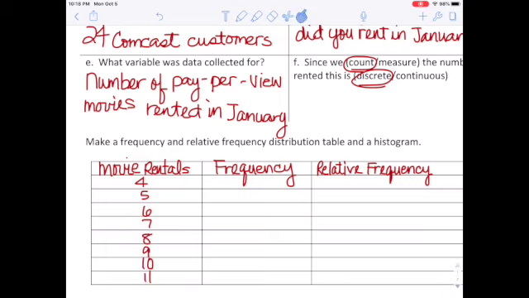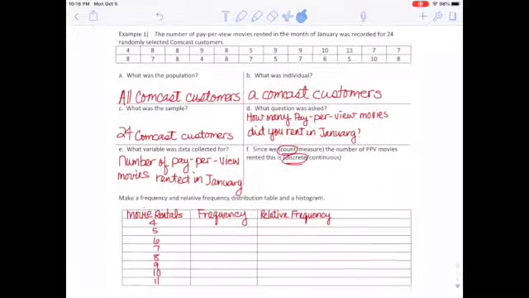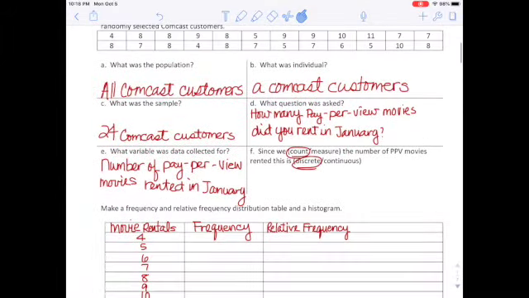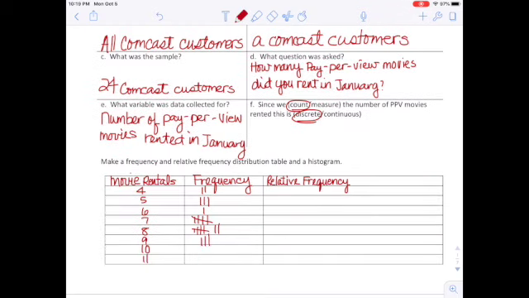Perfect. If you scroll up and down or make the screen a little smaller, you can see there are 2 4s, 3 5s, 1 6, 5 7s, and 8, 9 you'll have 3, 10 you should have 2, and 1 for 11.